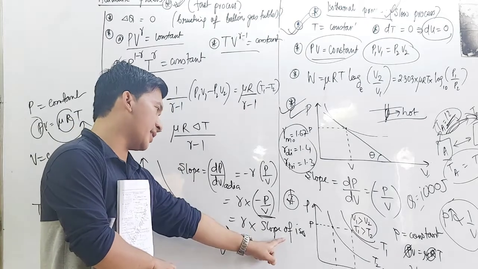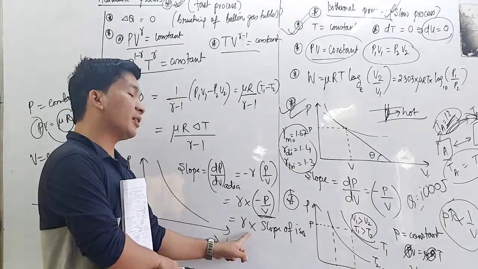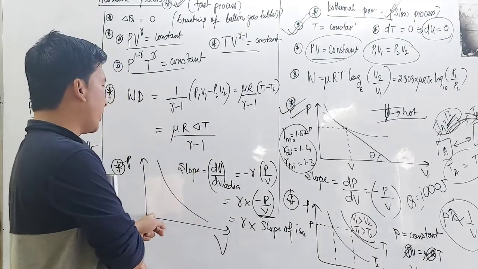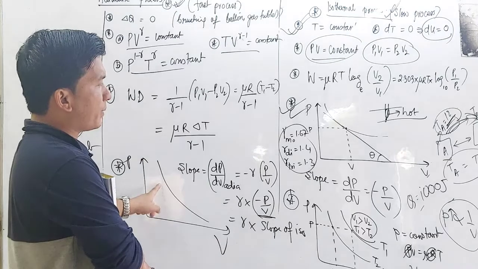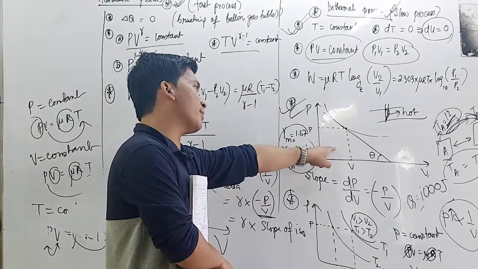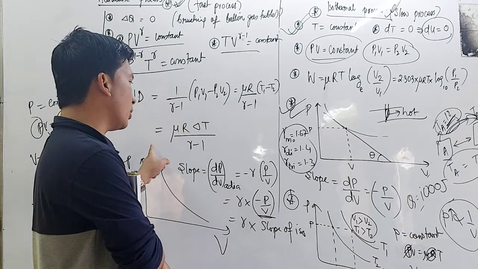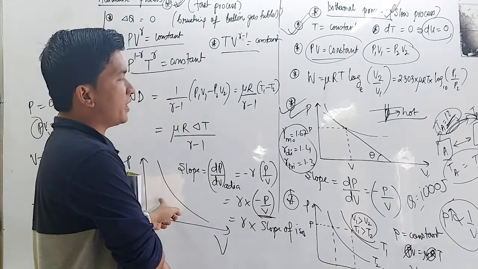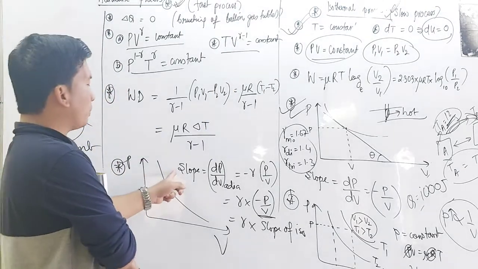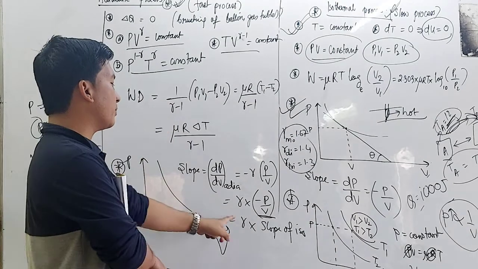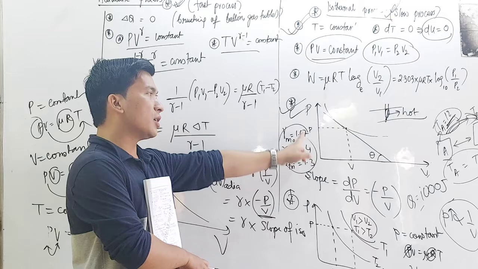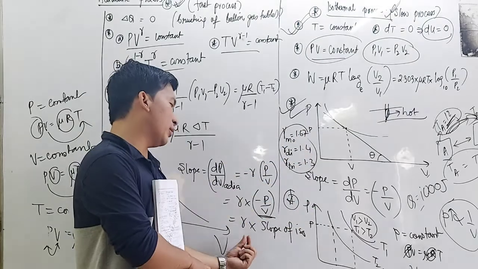If we compare the graphical representation between isothermal and adiabatic process, adiabatic will be more stiff than isothermal, because its slope is multiplied with gamma, and the value of gamma is more than 1, so the slope increases.